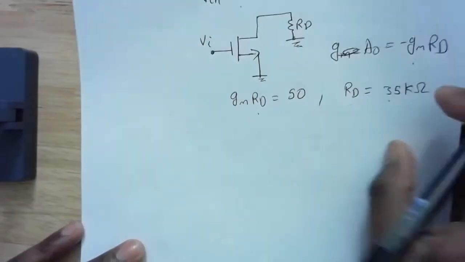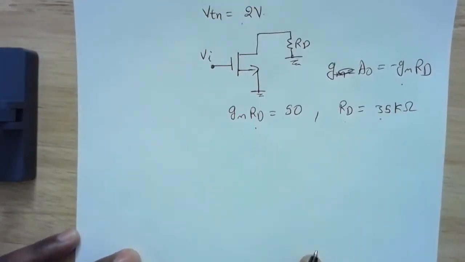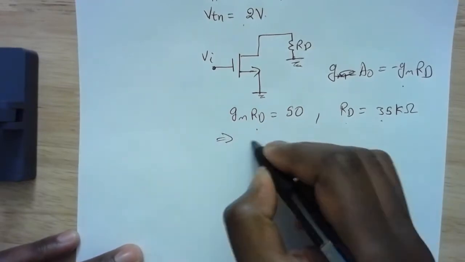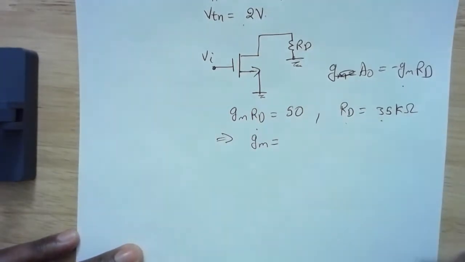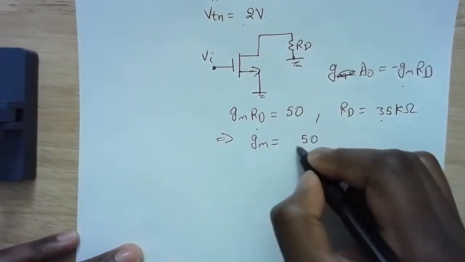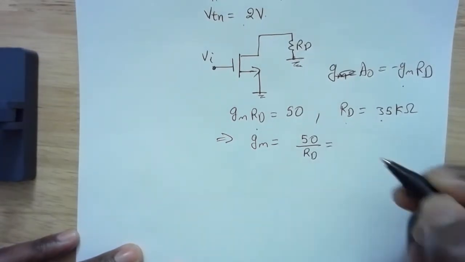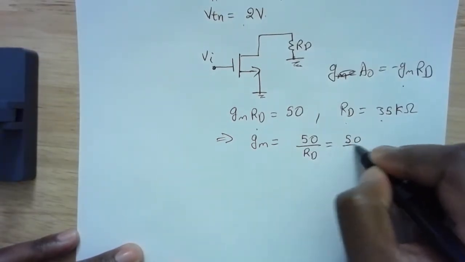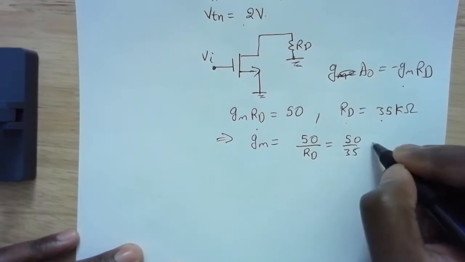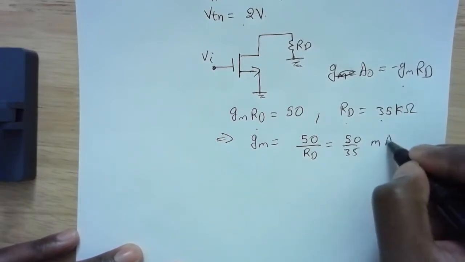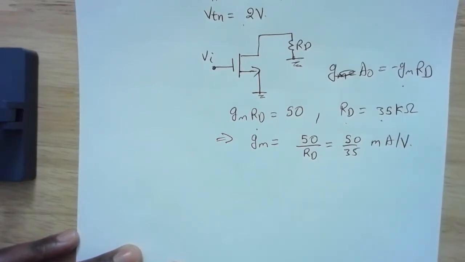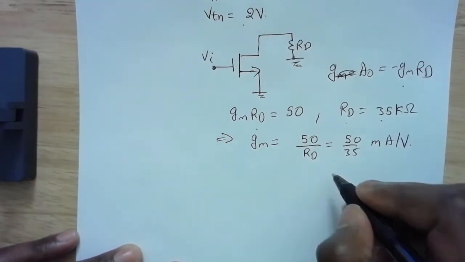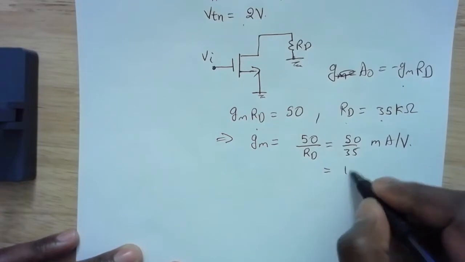So now let's say we know RD is 35 kilo ohm. This implies my gm is 50 divided by RD, which is 50 divided by 35, so this will be 10 over 7 milliamp per volt.